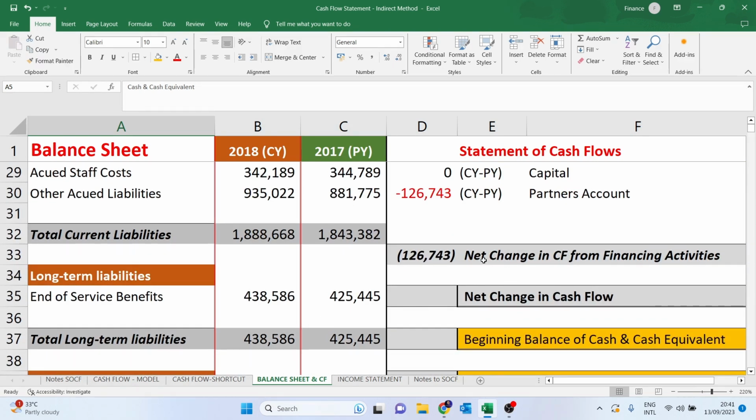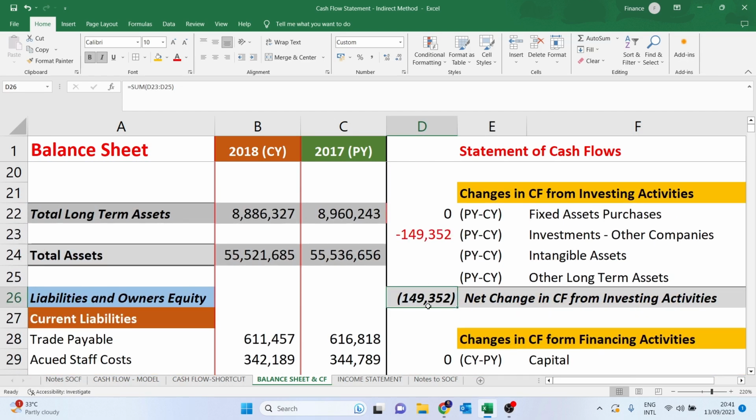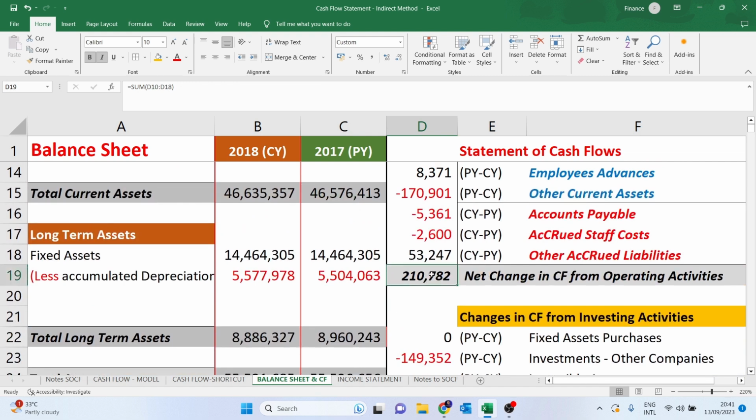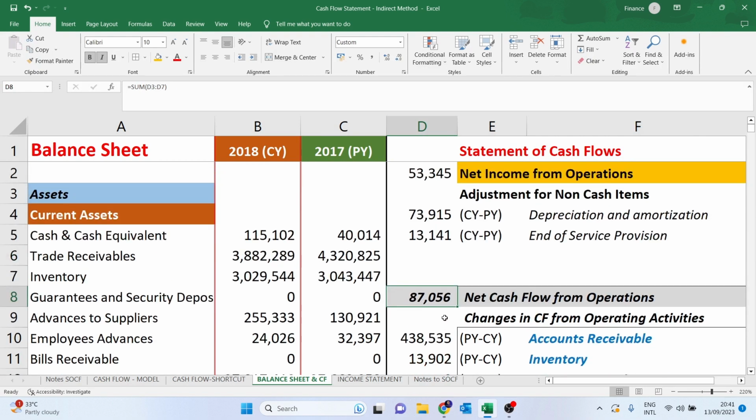So now we got net change in cash flow from financing activities also. This is the financing activity change, this is the investing activity change, and this is the operating activity change, after adding the non-cash items into the net income.